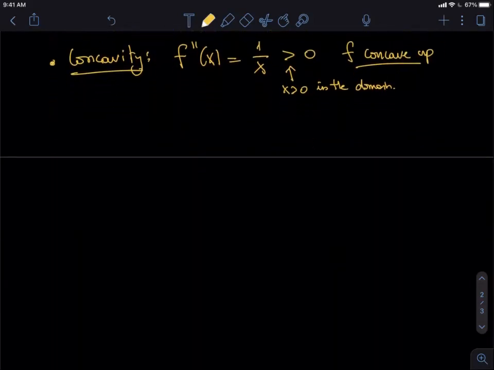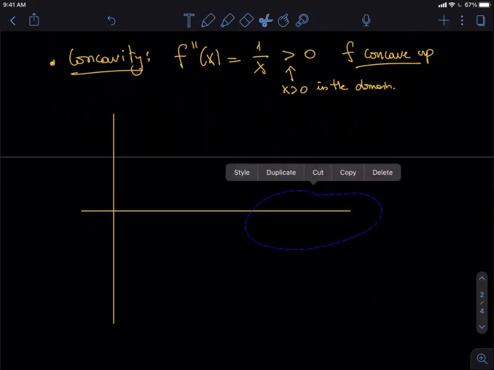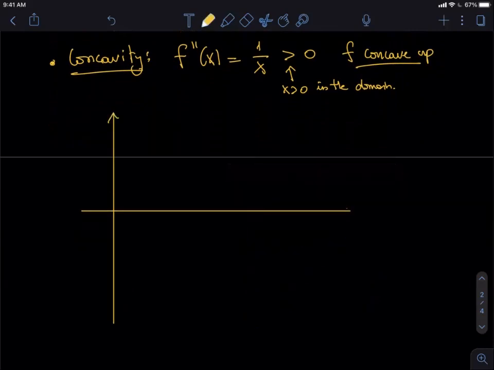So we can go ahead and draw our axis. I'm going to need more space, like this. And here, some information we have is that the function is decreasing all the way to 1 over e.